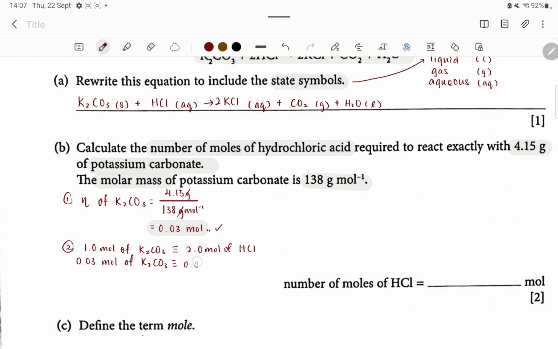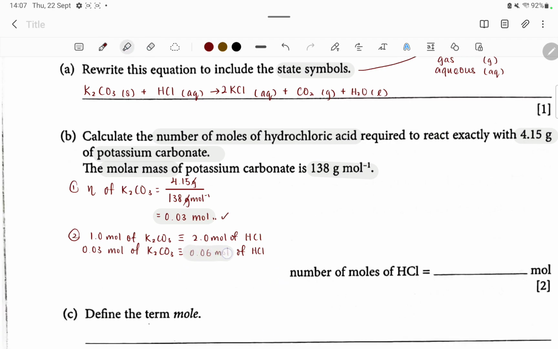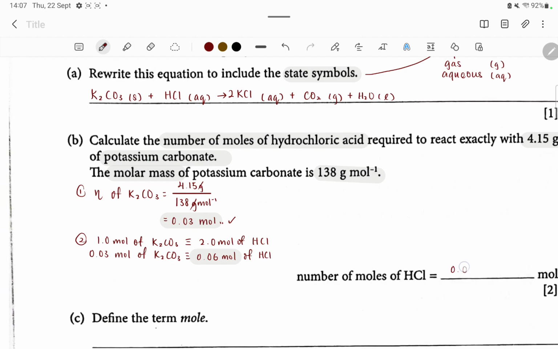So 0.06 mole of HCl. Okay, so this will be a second mark. And then after that, third step is to find the number of moles. No need, we already found the number of moles here. So this one is the final answer already. 0.06 mole.